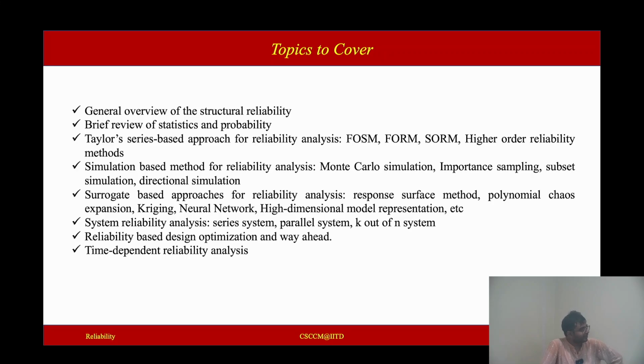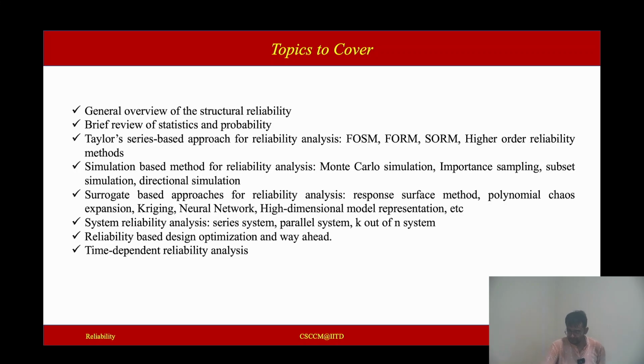Now, obviously, I will not cover all machine learning techniques, I will only cover some, the supervised ones to be more specific, and even in the supervised ones, it is written neural network, but I will probably not cover neural network, but I will definitely cover Gaussian process, for example. I will cover polynomial chaos expansion, linear regression, maybe ANOVA decomposition, I will see. Okay. But yeah, some of those things will be covered in detail, and that is where you will see how you can use machine learning for doing reliability.